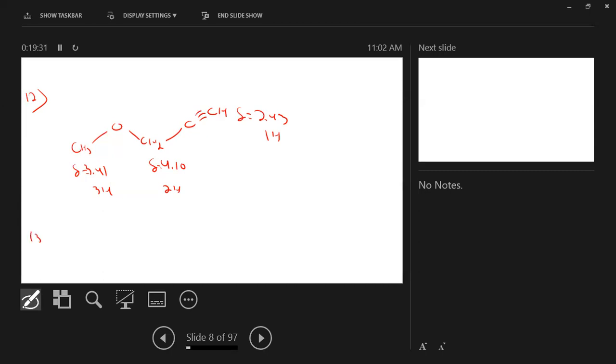So 13, we can do this on the same slide. They have 3 signals here. They tell us we have C4H10O2. We have 3 signals though. So how do we get this? Here's one signal, here's your second signal, and here's your third signal.